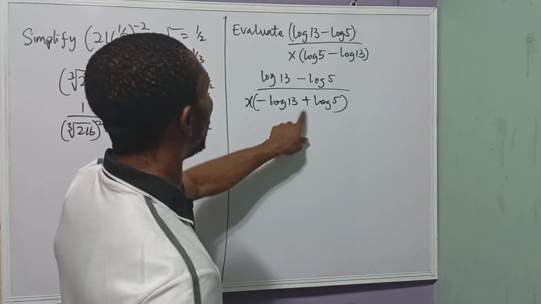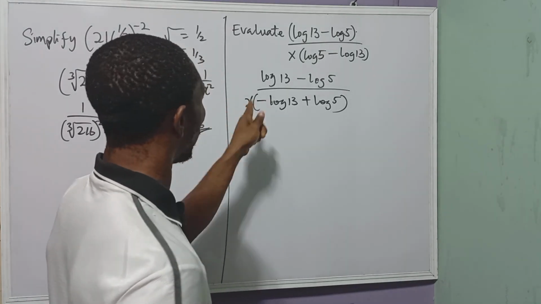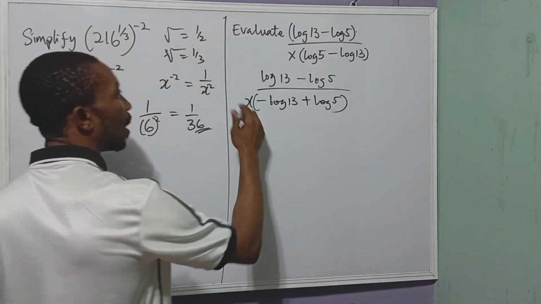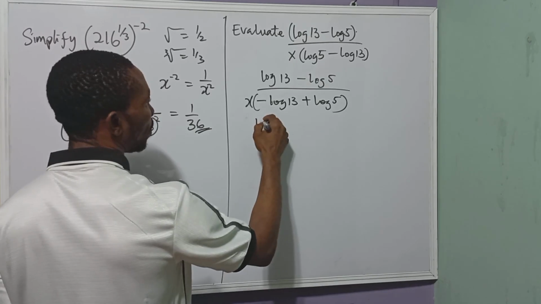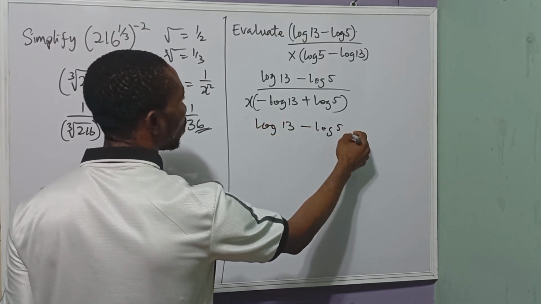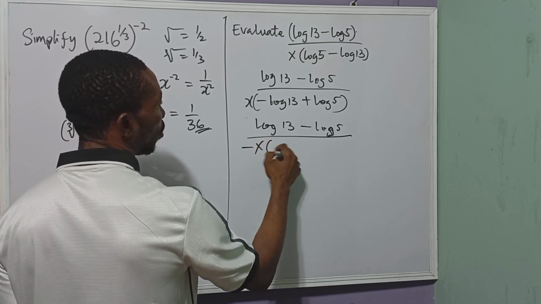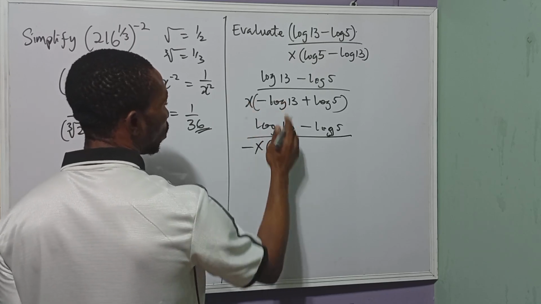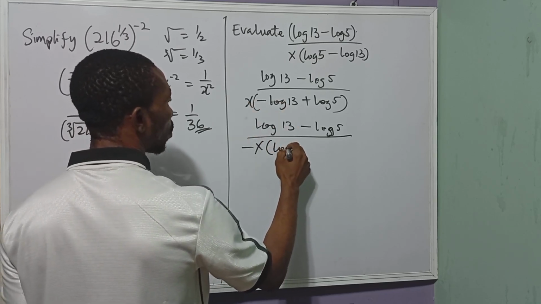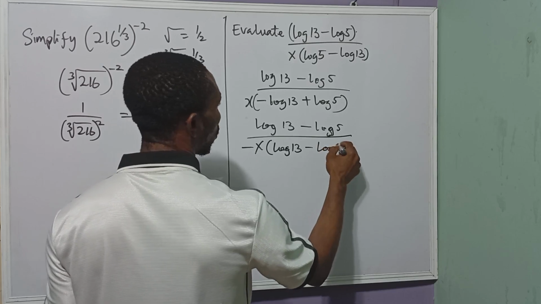But in order to eliminate this, let's multiply through by a minus. If we multiply through by a minus here, we have log 13 minus log 5 all over minus x bracket, minus times minus will give us log 13, minus times plus, minus log 5.